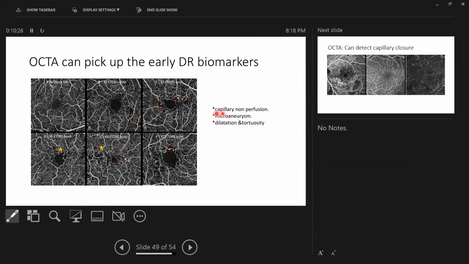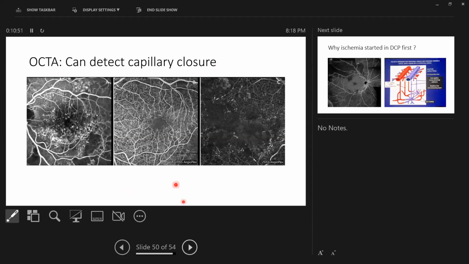And also you can identify the microaneurysms, and also the dilatation and the tortuosity. So the OCT angio can pick up the earliest changes of diabetic retinopathy biomarkers. Even if you do the fluorescein angiography on this patient, you will never find these biomarkers. So the OCTA can pick up the earliest changes.